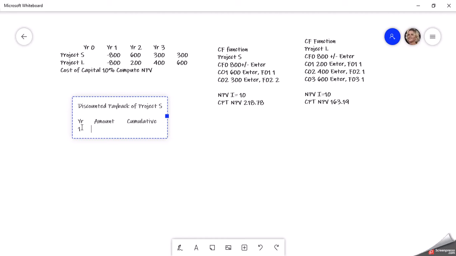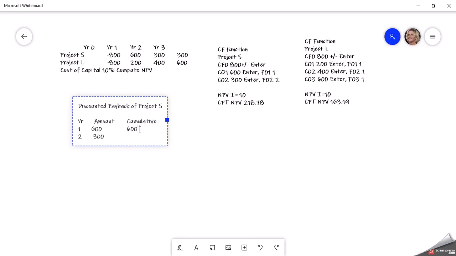So the year 1 for project S, we've got 600 in there, and then our cumulative is also going to be 600 because that's all we've earned. Year 2, we add 300 to it. So we can see at that point we're going to go over.